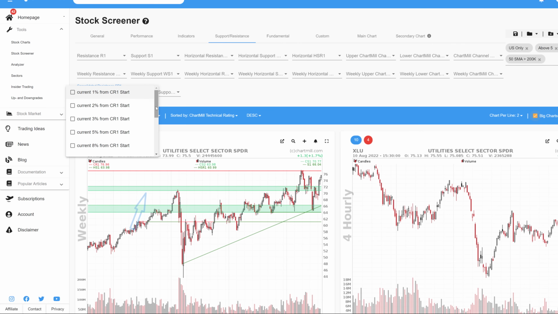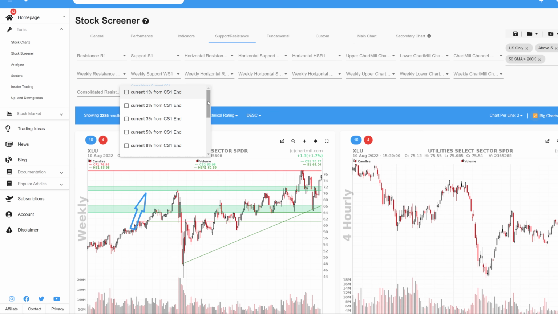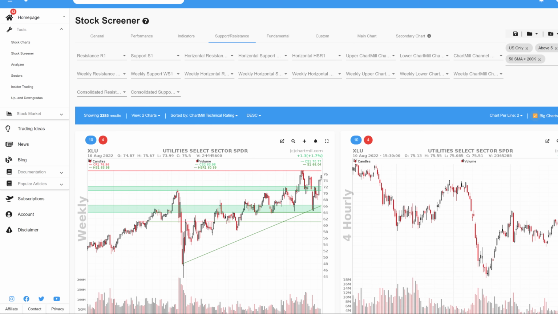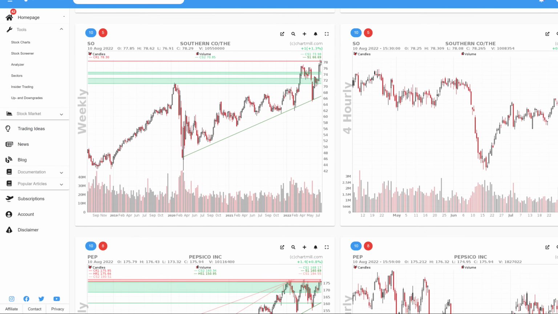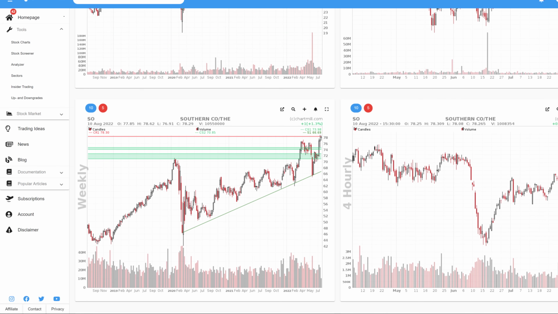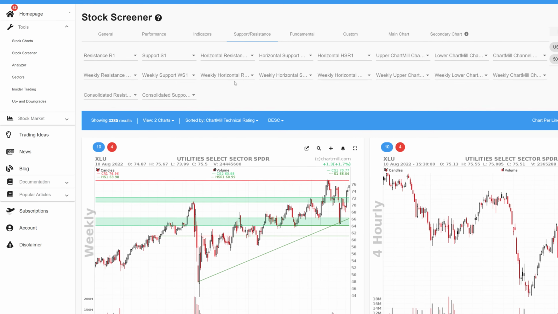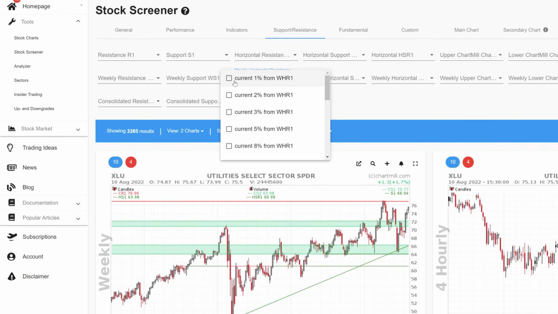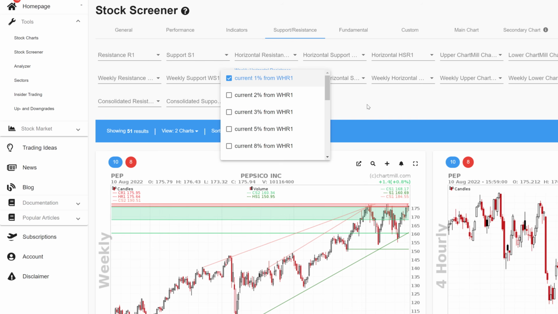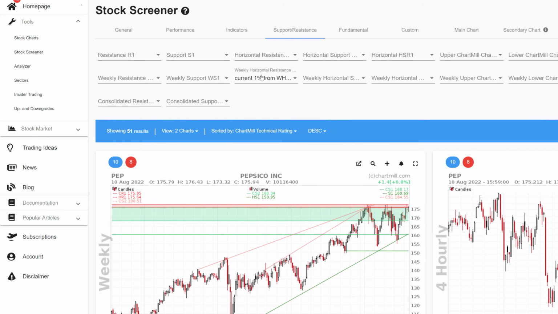The consolidated support and resistance tabs do the same as both the horizontal options, but instead of the support and resistance level being pinned on a specific price level, these two options visualize support and resistance zones, giving you more results. For example, if I choose current 1% from the weekly horizontal resistance, then I get 51 results.